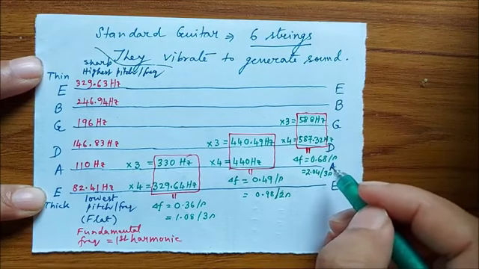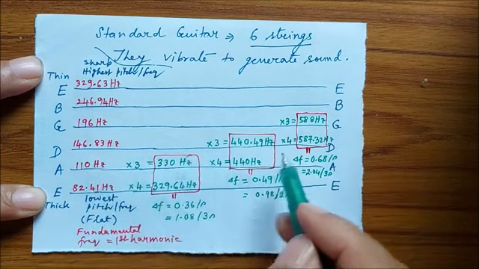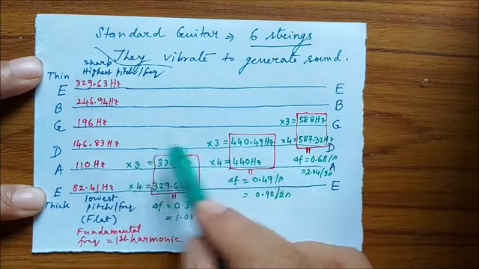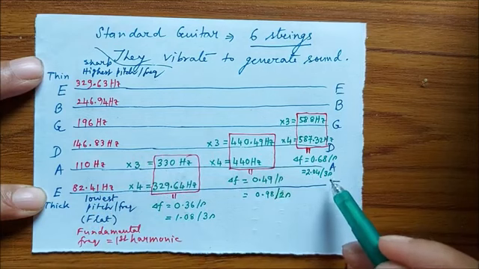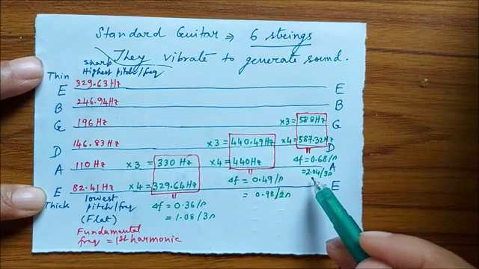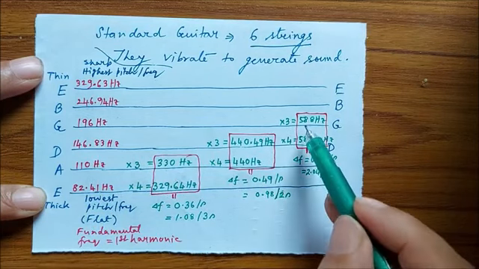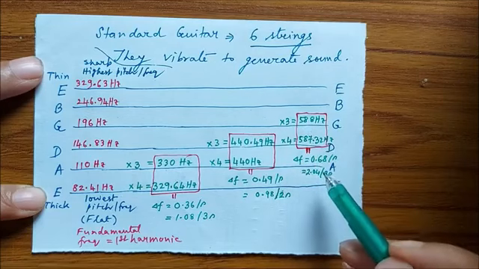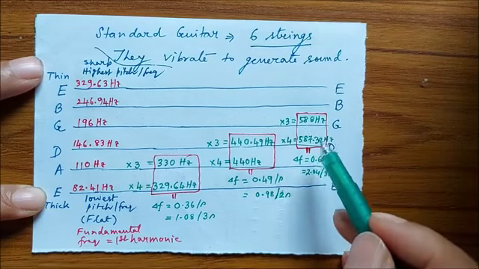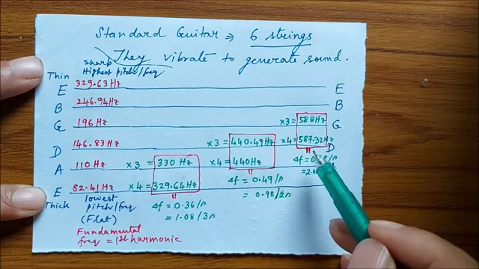So when D is struck in the fourth harmonic and G in the third, the number of beats heard in 3 seconds will be 2. If it is so, we will call they are tuned, but if we hear a larger number of beats, then obviously they are detuned, they are not tuned, and we have to tune them.